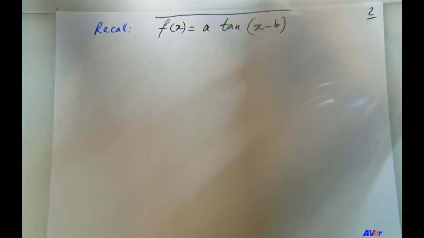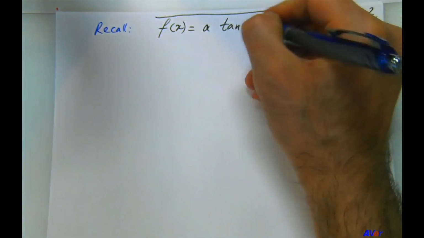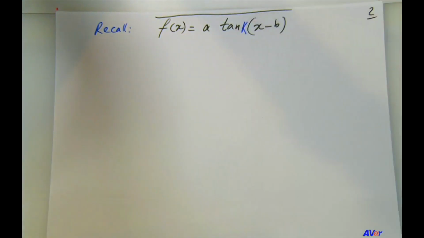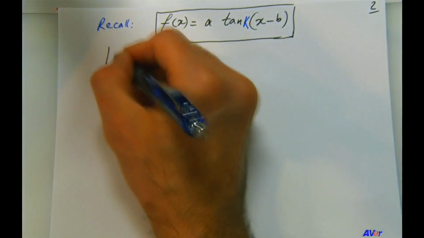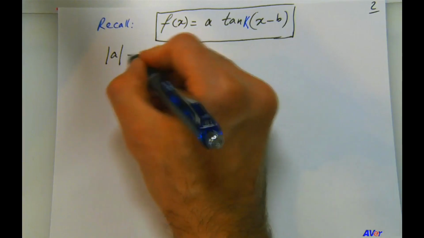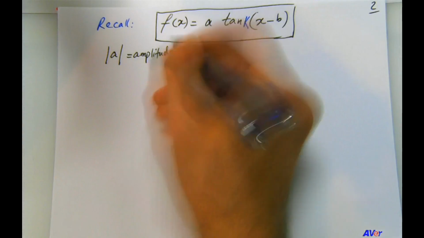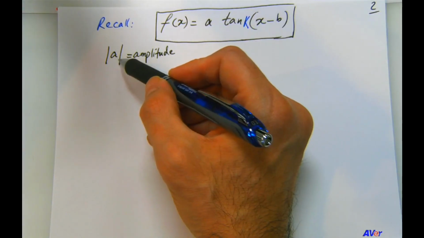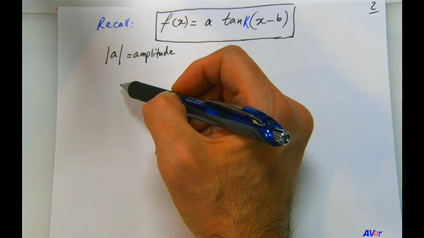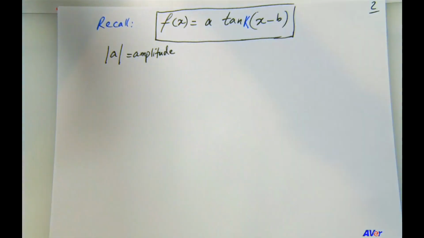I should remember to add the k there. That's the transformation of the tangent function. Once again, the absolute value of A is the amplitude. In this case, it would be a stretch. If this value was, say, 5, then the graph of the tangent function is more stretched along the vertical axis.